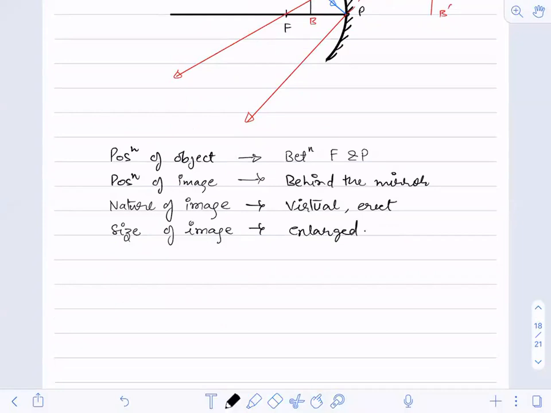So this was all about the image formation using the concave mirror.